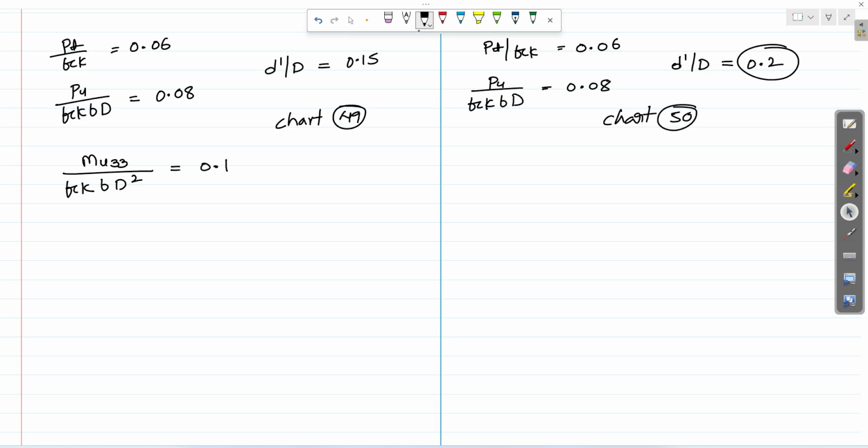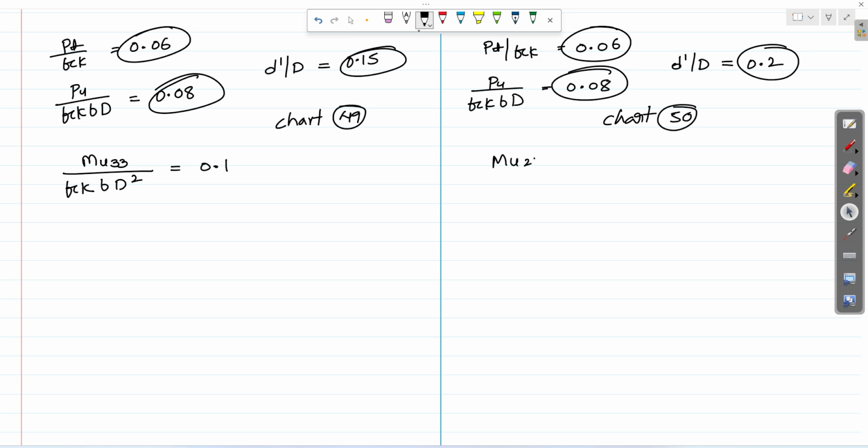Based on the d dash by d value, pt by fck and pu by fck bd value, you extract Mu33 by fck bd square, here it is 0.1. For this axis, Mu22 divided by fck bd square will be almost 0.09.